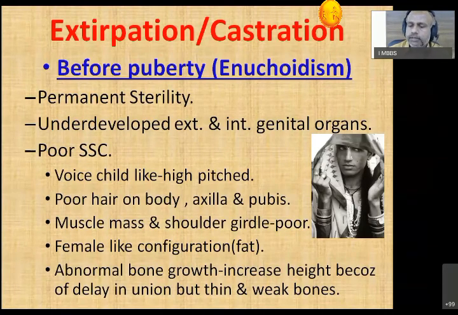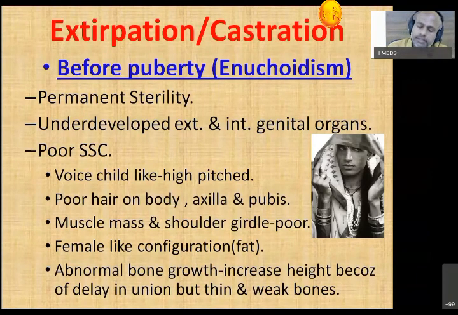Gynecomastia is there: development of breast and deposition of fat in buttocks and thighs. Abnormal bone growth: increase in height is more because the fusion of epiphysis with metaphysis is delayed, but the bones are not strong because of less testosterone.